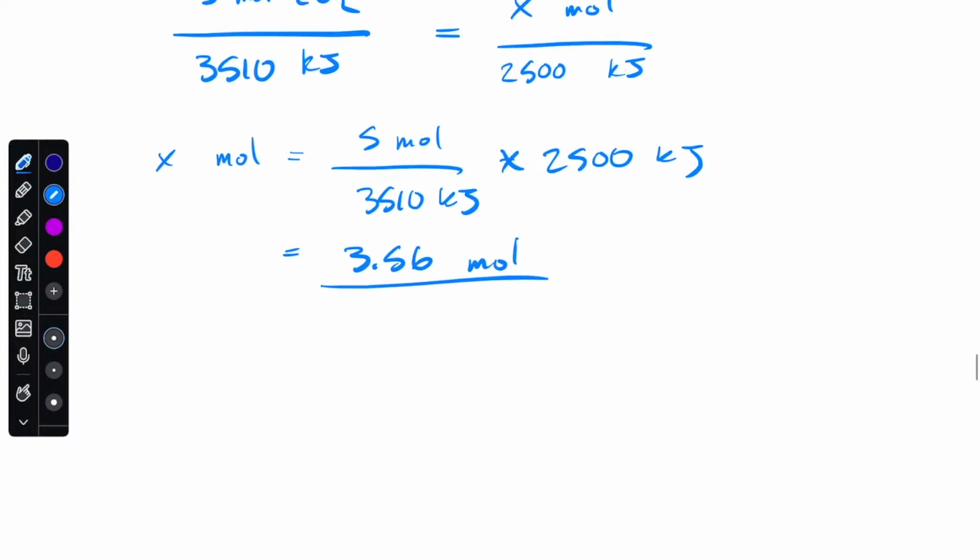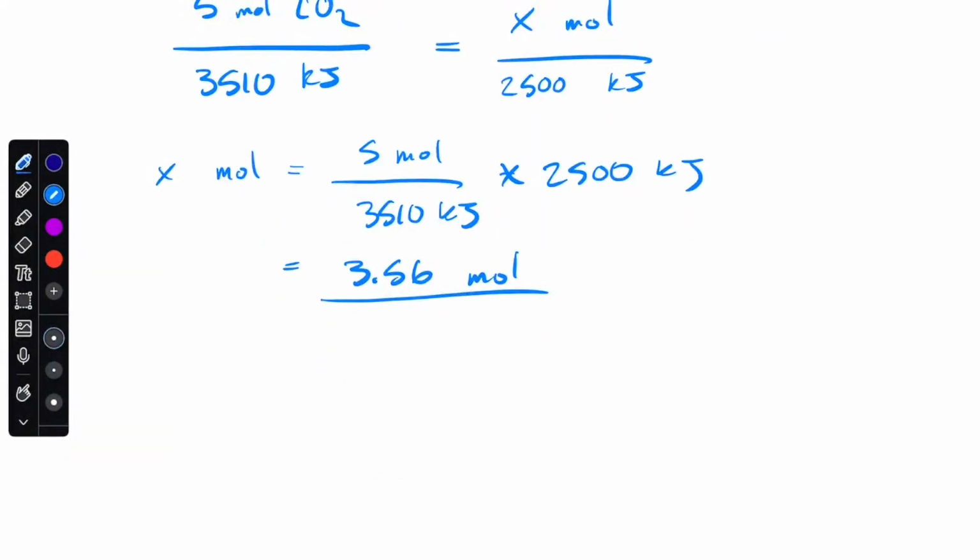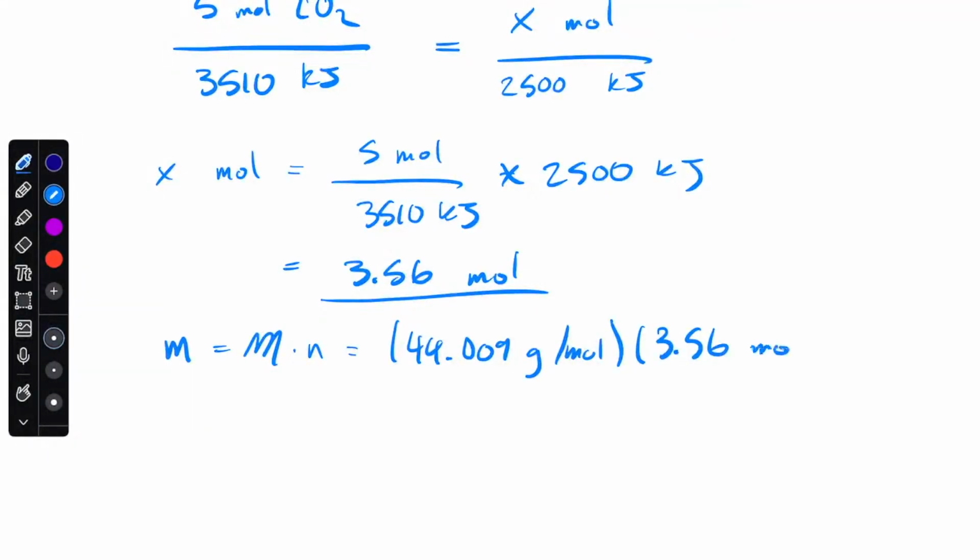Now what we want to do is convert those moles back into grams. So the mass will be equal to the molar mass times the number of moles, which is N. The molar mass of CO2 is 44.009 grams per mole times 3.56 mole is equal to 157 grams.